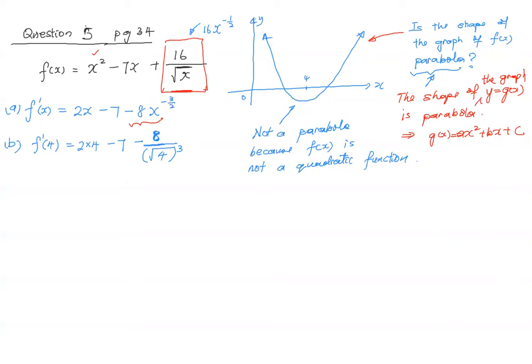And if I have a to the power n over m, I will take the root of m first, then only the power. These are something that every one of us must know. So this is equal to 8 minus 7 minus 8 divided by 2 cubed. So it's 8 minus 7 minus 1. So the answer is 0. So shown.